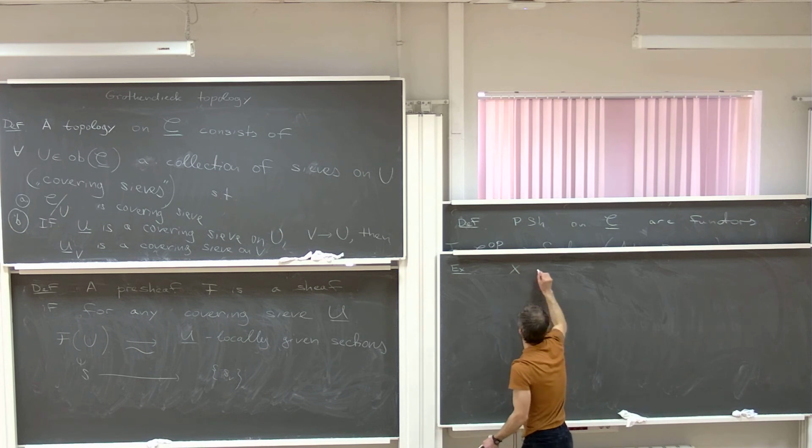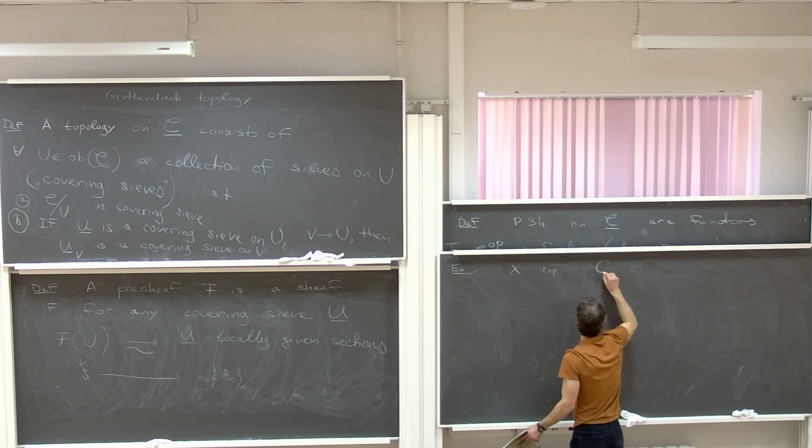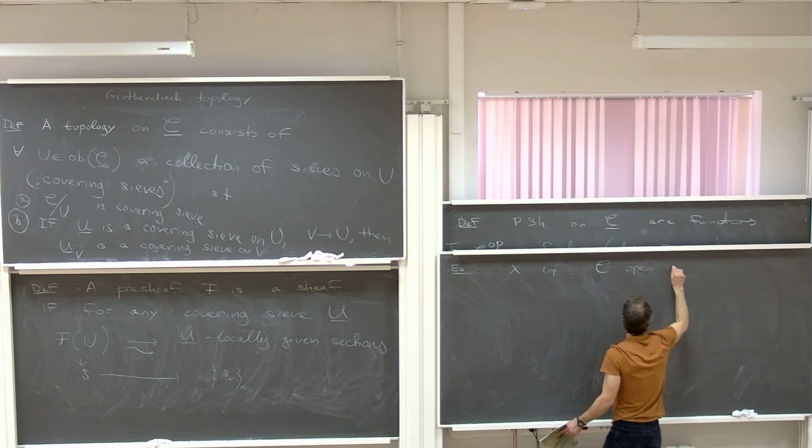So X is a topological space, C is the open sets.